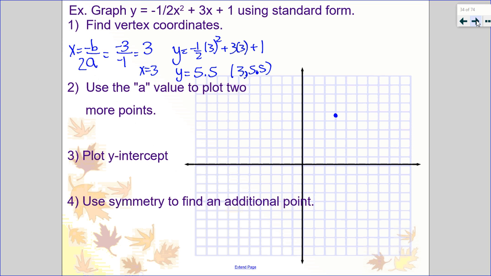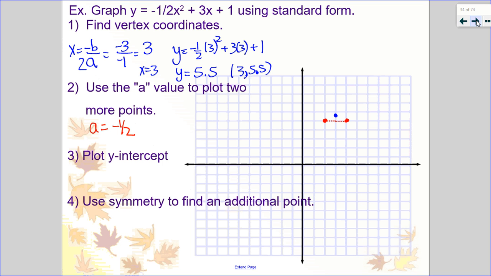What's a? Good. A equals negative 1/2. So from my vertex, I'm going to go down 1/2 and then right 1 and left 1. Down 1/2, left 1, and right 1. Okay, so notice I just went down 1/2, very small.